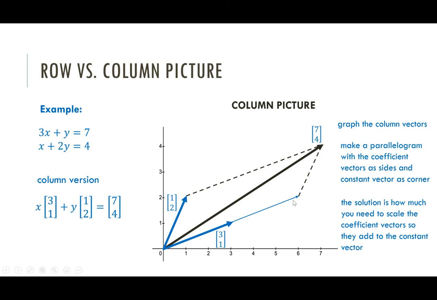We made the parallelogram, and it turned out we needed to scale the vector 3, 1 by 2, and we could make it without having to scale the other vector at all. So 2 times 3, 1 plus 1, 2 gives us this vector 7, 4. Our solution is x equals 2, y equals 1, just like we got before, but using a different visualization.